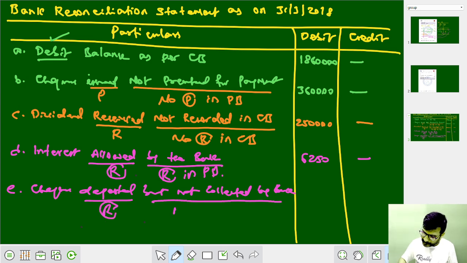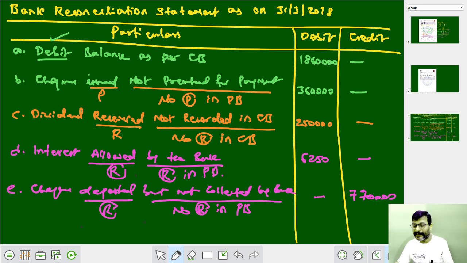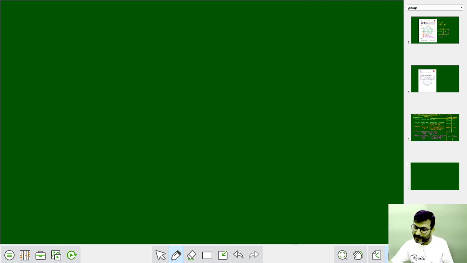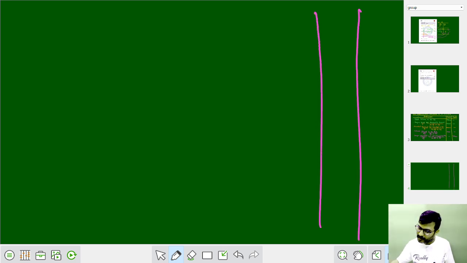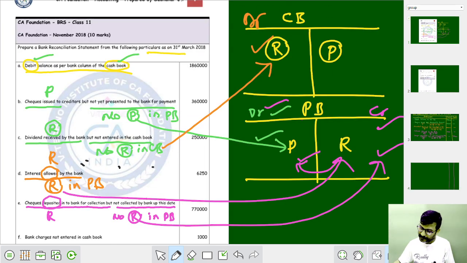Not collected by bank means no receipt in which book? Passbook. When there is no receipt in the passbook, when it is not taken on the credit side of the passbook, we have to take it on the same side only. The amount is rupees 7,70,000. I hope my dear kids, you people are understanding better it seems. So let me move on to the next transaction.